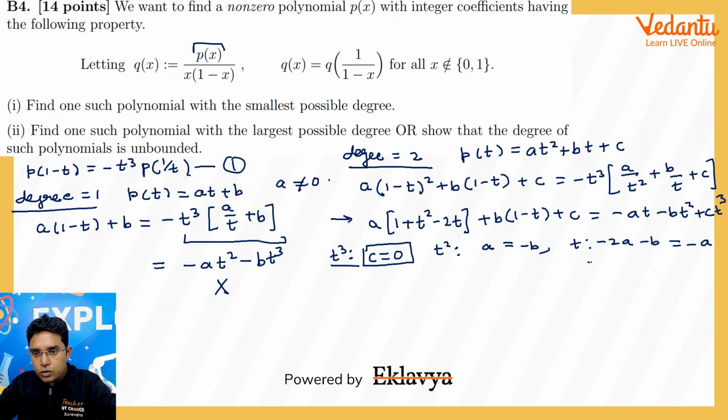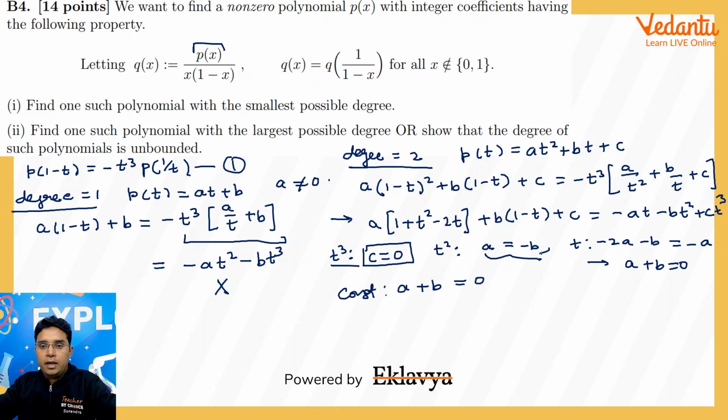Okay, here also I think we are getting the same result, a plus b equal to 0. This is same as t square. So if the coefficient of t square is the same, I think the coefficient of t will also become the same on both sides. Now coming to the constant term. For the constant term, we will be getting here a plus b, and c is already 0, and on the right hand side it is 0. So you can see every time we are getting a plus b equal to 0 only.